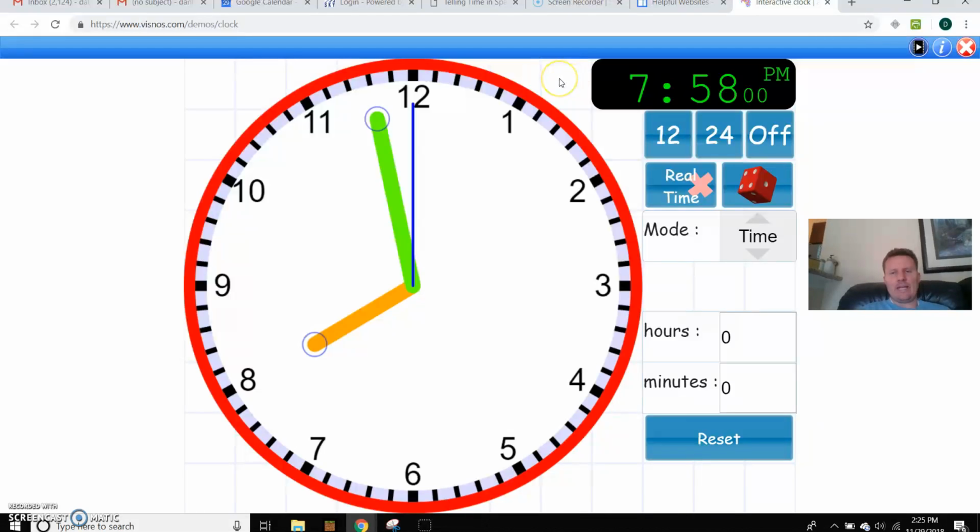So to say it is, there's two options. Number one, you could say es la, which means it is, or you can say son las, which also means it is. What is the difference between those two? Well, one of those is plural and one of those is singular. To know which one we need to use, we need to look at the hour hand.